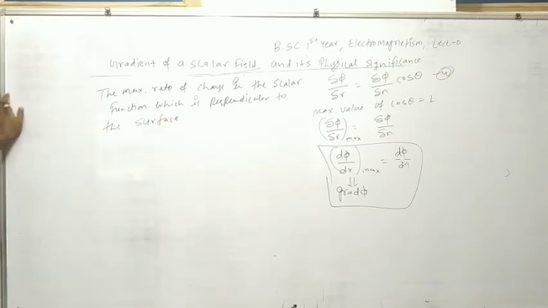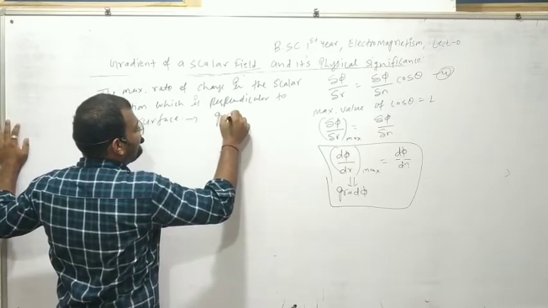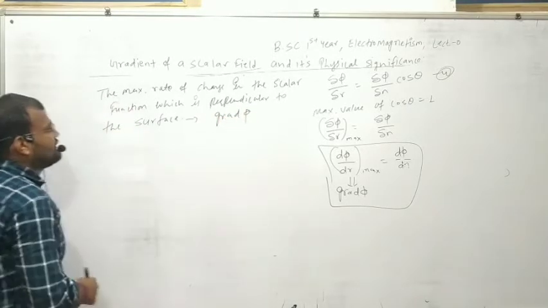The maximum rate of change in the scalar function which is perpendicular to the surface is called the gradient phi of that scalar function. Okay.